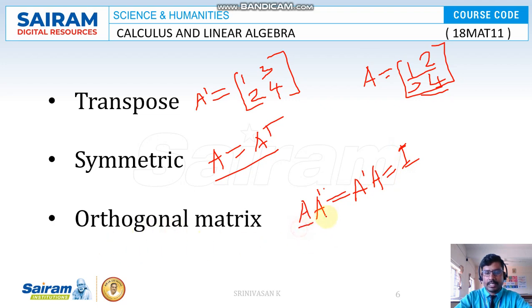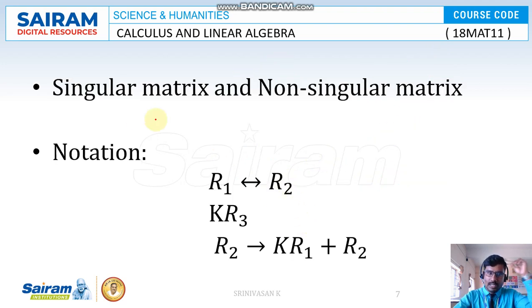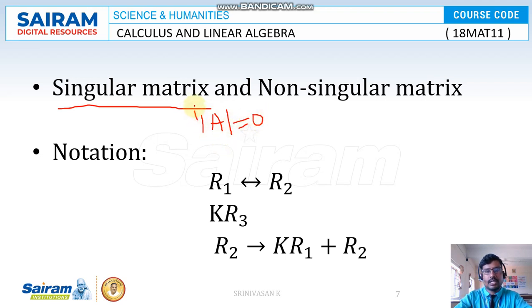If the matrix satisfies this condition, it is called an orthogonal matrix. The next one, singular matrix. What is a singular matrix? If the determinant of A, that is modulus A, equals 0, then the matrix is called a singular matrix.